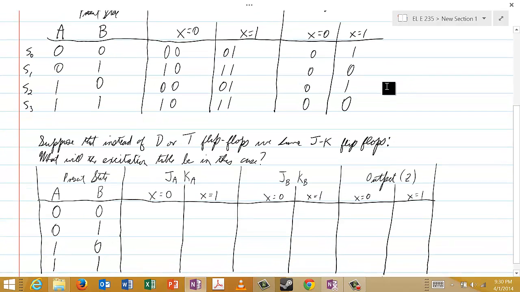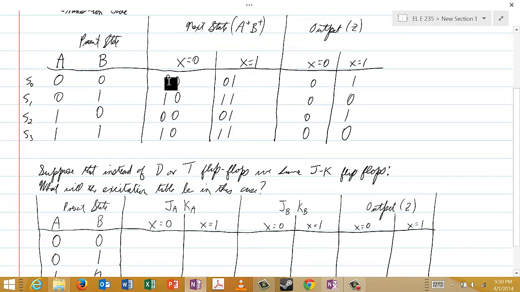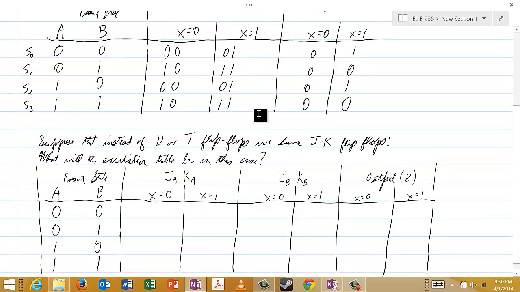And so let's just go one step at a time, and remember also that in these two columns here, the two numbers refer to the next value of A and the next value of B, A plus and B plus. Okay? So now that we're keeping that in mind, let's begin to fill in this excitation table.